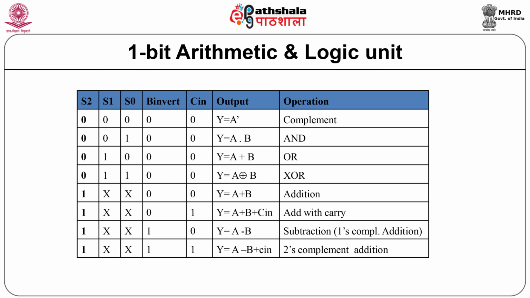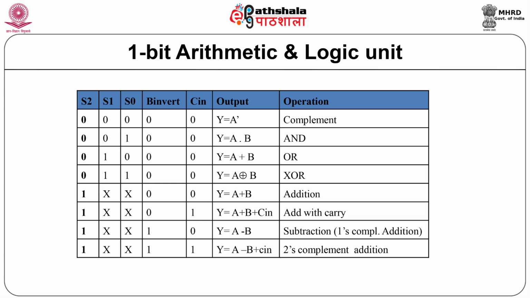The function table for 1-bit ALU has 3 select inputs, B invert and C in, and Y is the output. When S2 is equal to 0, ALU performs logical operations, whereas S2 equal to 1 results in arithmetic operations. The value of carry input for arithmetic operation generates addition with or without carry.